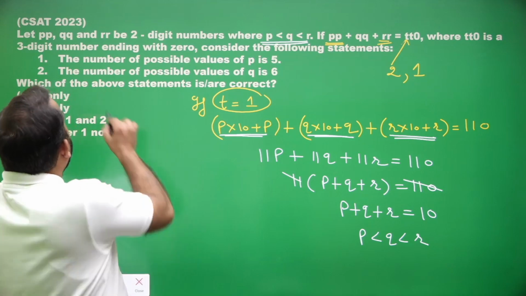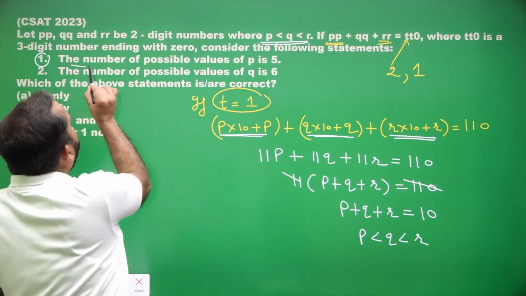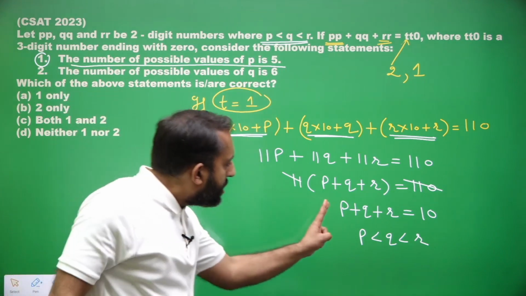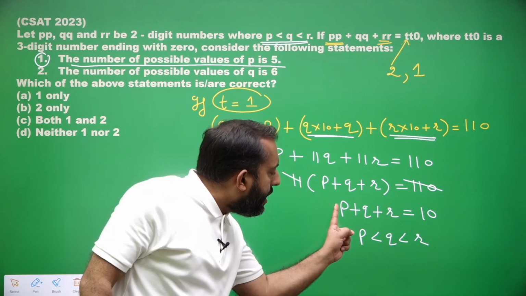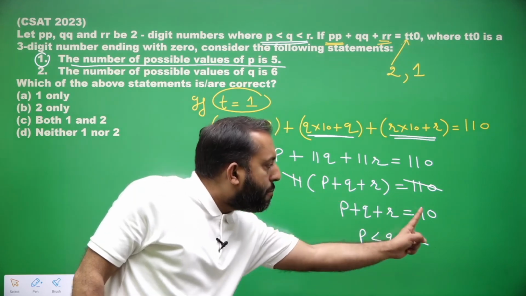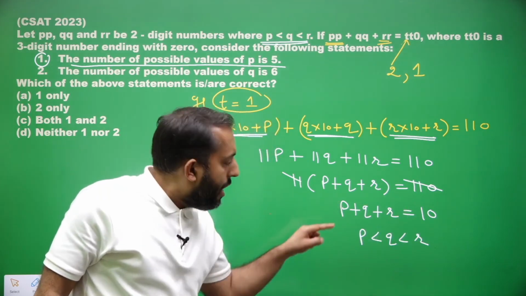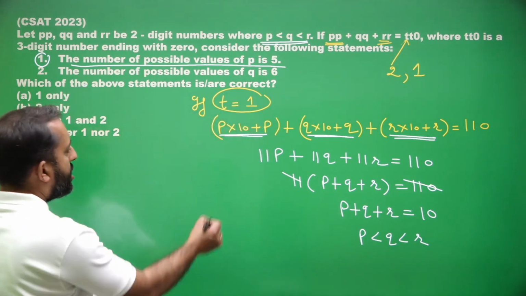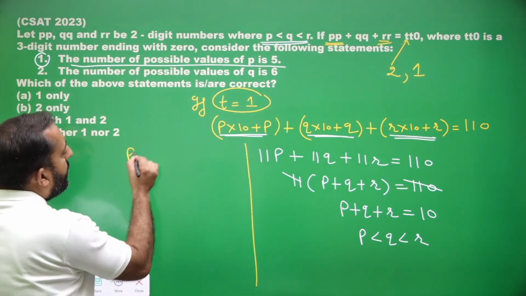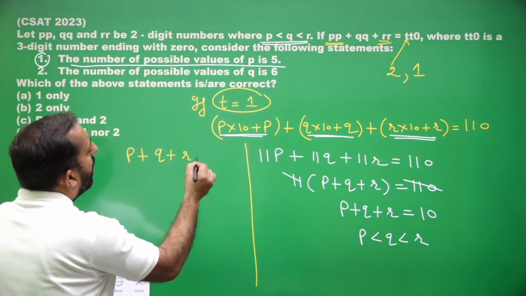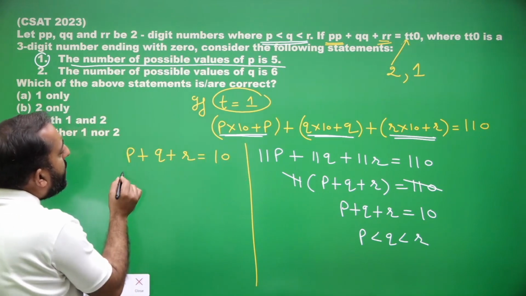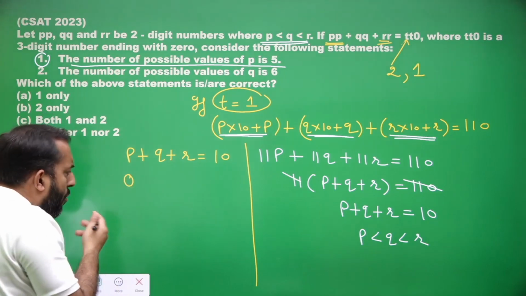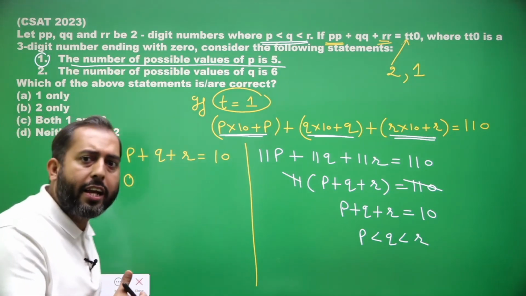Then let's talk about the possible values that P can take. The sum of three single digit numbers should be 10. Let's check out all the possible values of P. The minimum value of P, some of you may say, can be 0.